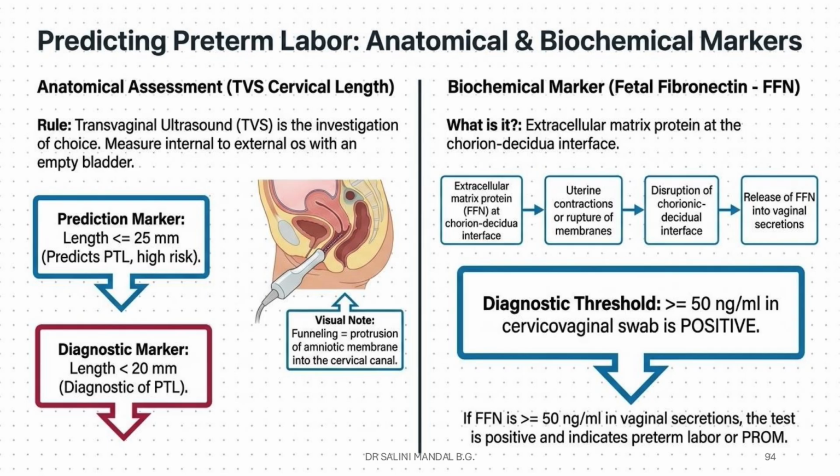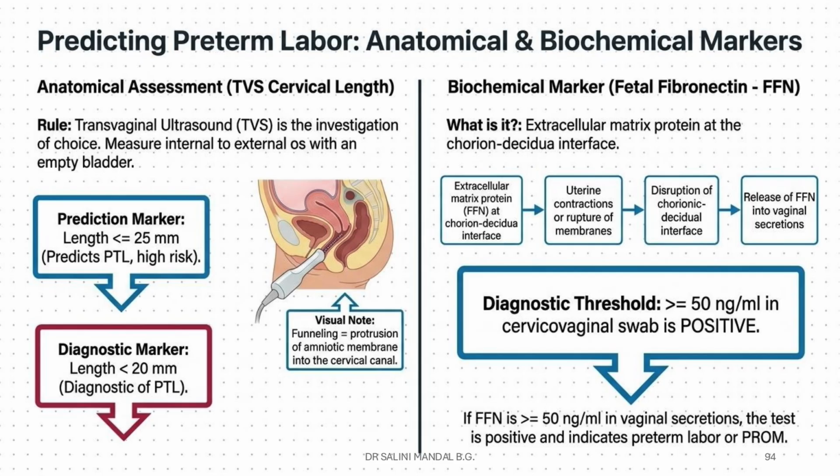But how are we going to predict it? We are going to check the cervical length on transvaginal sonography. If the cervical length is less than 2.5 centimeters, we can predict that this particular patient is going to have preterm labor, high risk.